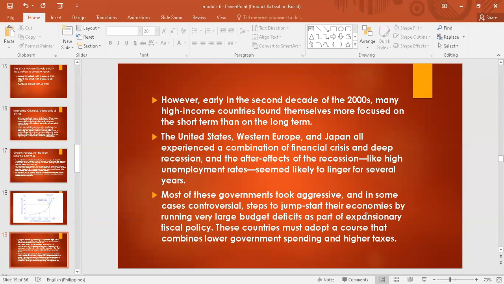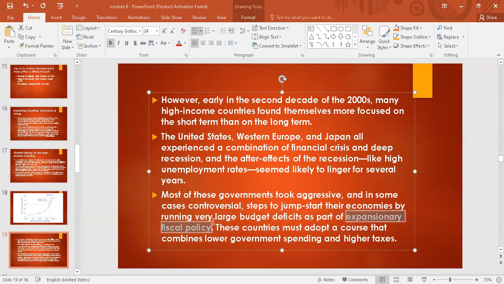So most of these high-income countries, sila yung naapektuhan mainly ng financial crisis na to, yung tinatawag nating recession. So may mga after effect ng recession po ay unemployment rates, tumaas ang rate ng walang trabaho sa mga countries na to. So most of this government took aggressive in some cases, yung controversial cases, kung saan nagkaroon sila ng budget deficits.